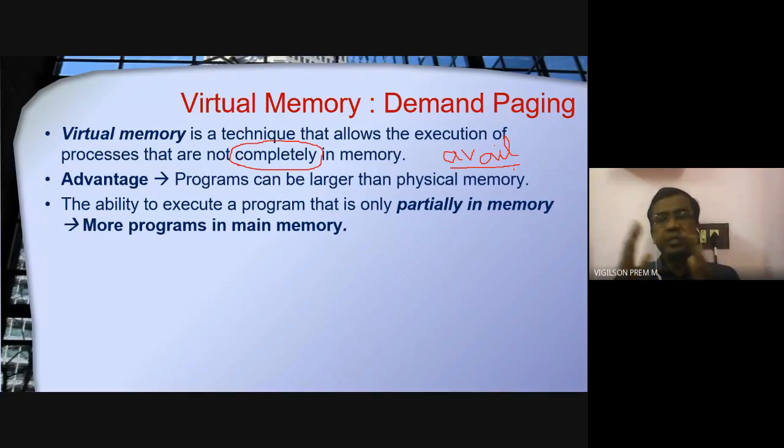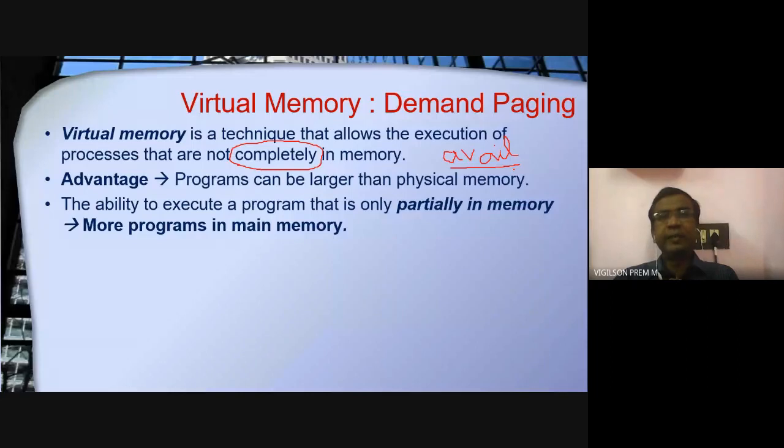In contiguous, it must be available continuously. In paging and segmentation, not necessarily continuous, but the entire 100 MB must be in main memory. In that sense, virtual memory differs from all these three techniques.